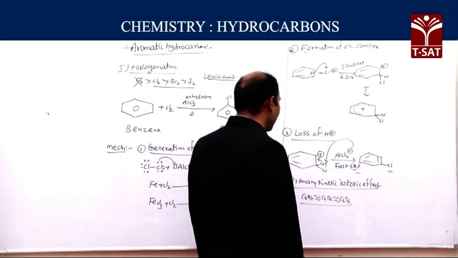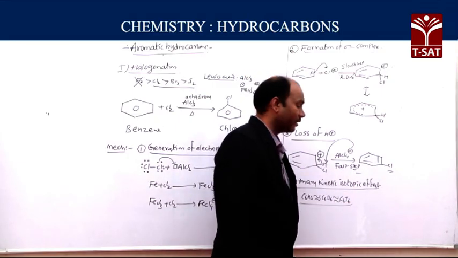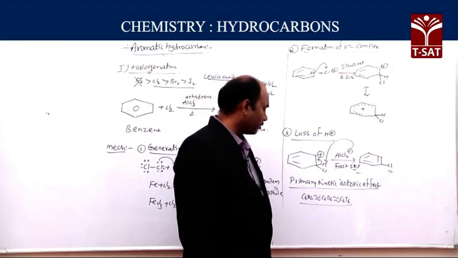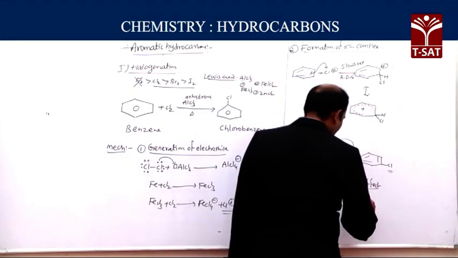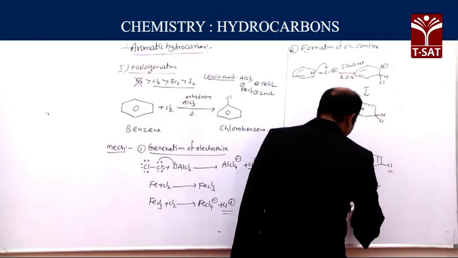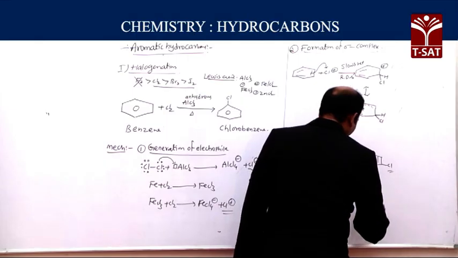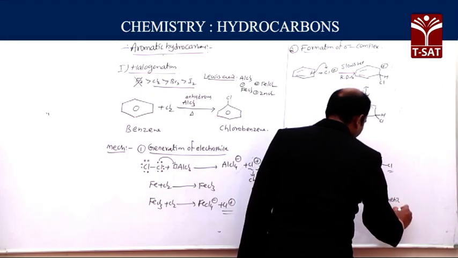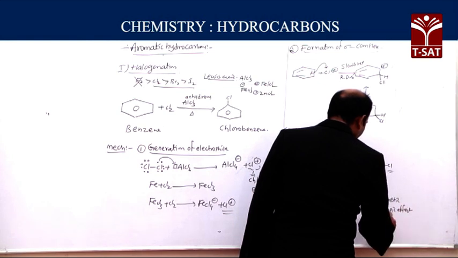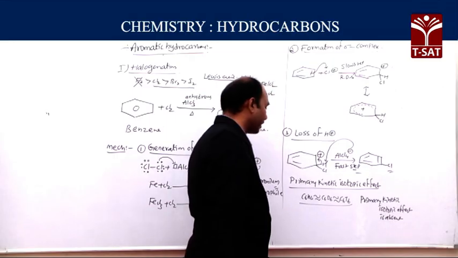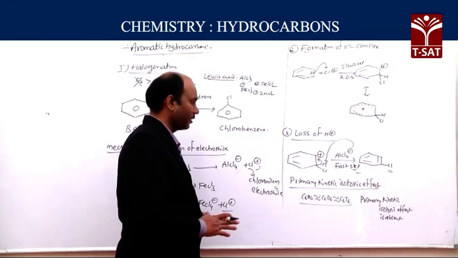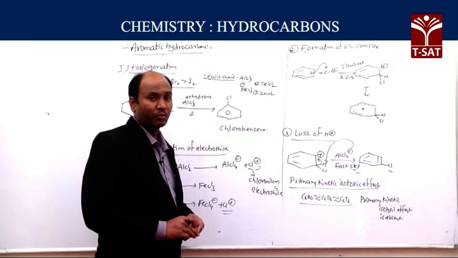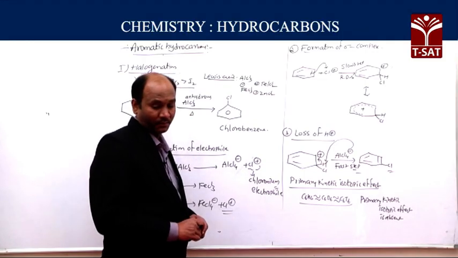That means this is not the rate determining step. In chlorination, there is no primary kinetic isotopic effect, but the primary kinetic isotopic effect is observed in iodination.